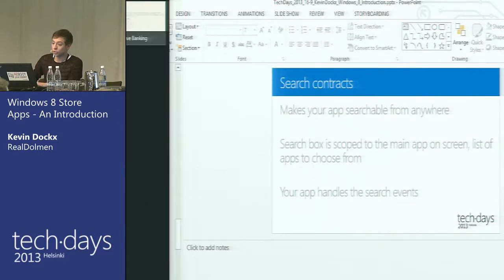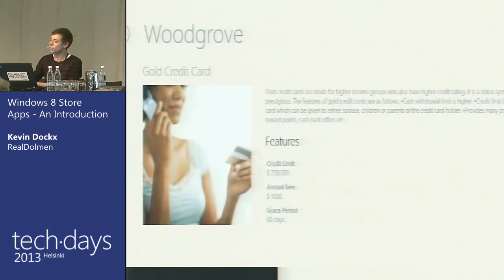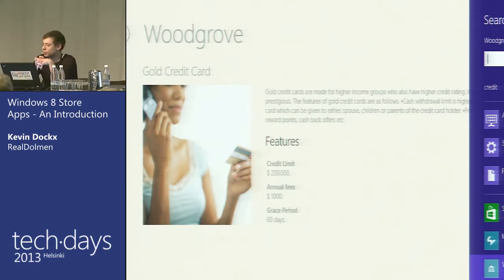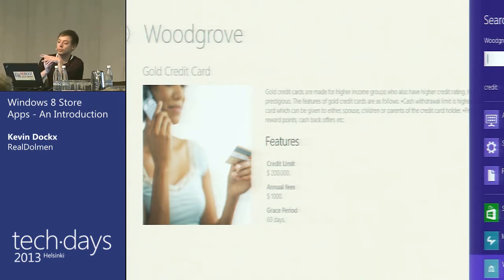First I'm going to show you one other thing. Even when you're in an app, you can start search. Search is by default scoped to the app that is active on screen. So in this case, searching is scoped to my Woodgrove application. If I start typing now and I search for credit, I have it here.